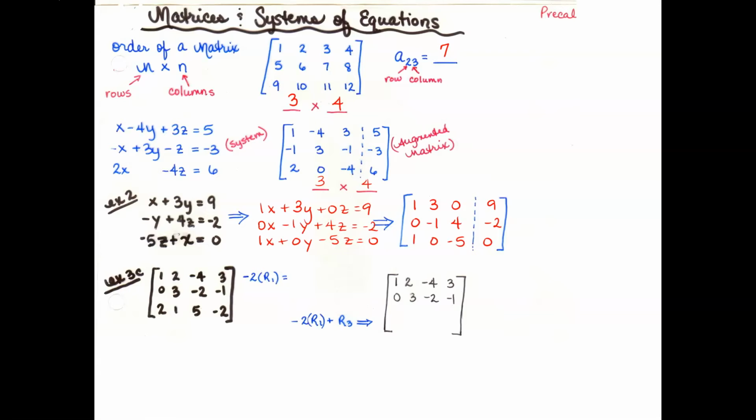And then our last row would be 1, 0, -5, 0. So we should be able to go either way with this. They should be able to give me the augmented matrix and I come up with the system: 1x plus 3y plus no z is equal to 9. Or they should be able to give me the system and I find the augmented matrix for it.